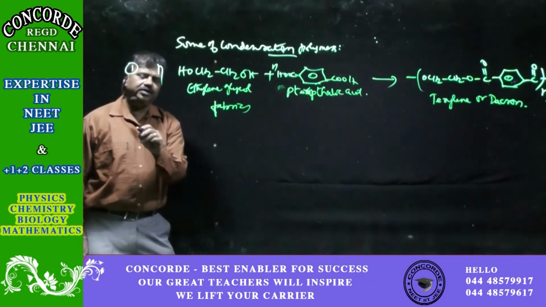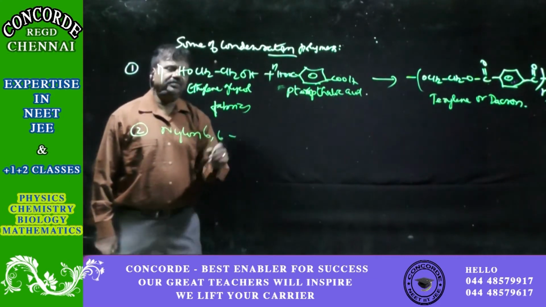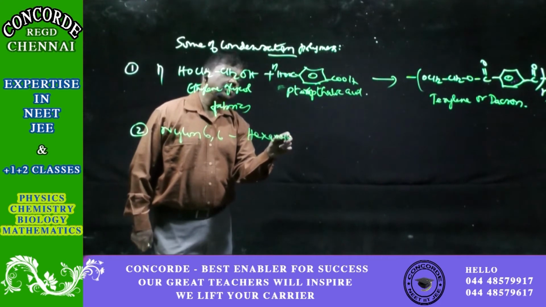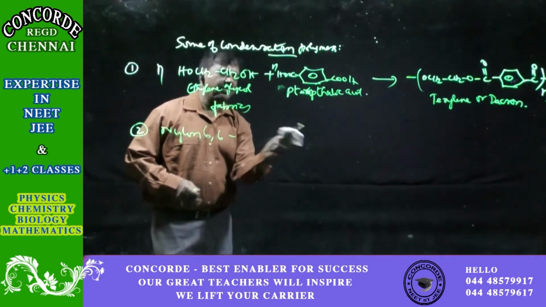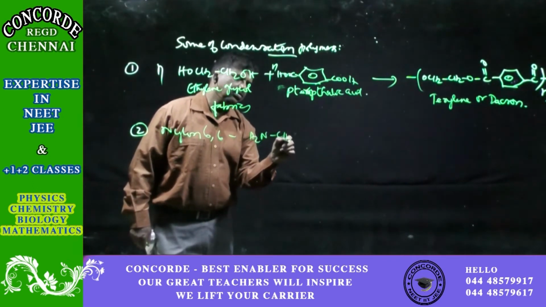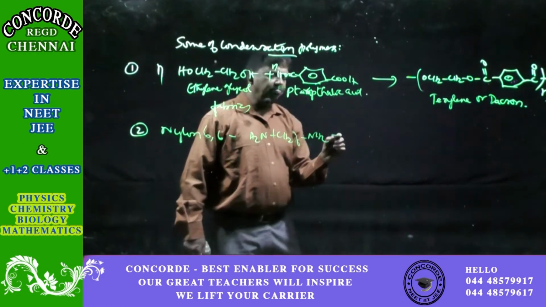The other thing is nylon 6,6, which you know very well, is obtained from hexamethylene diamine and adipic acid, which we have already seen. Hexamethylene diamine and adipic acid.